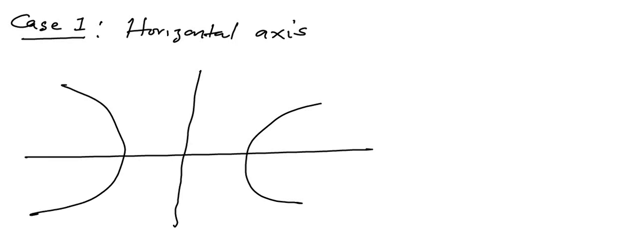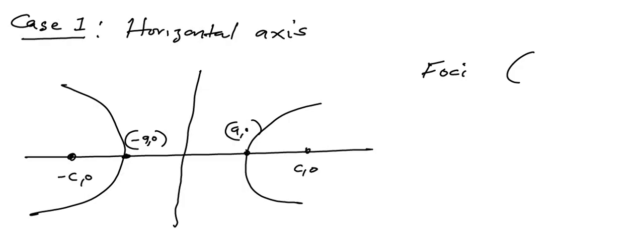This point here is going to be your negative a comma 0, where it's turning from. Then this is going to be your a comma 0. That's the major axis. So these are the vertices. The foci is either negative c comma 0 or c comma 0. So the foci is plus or minus c comma 0.